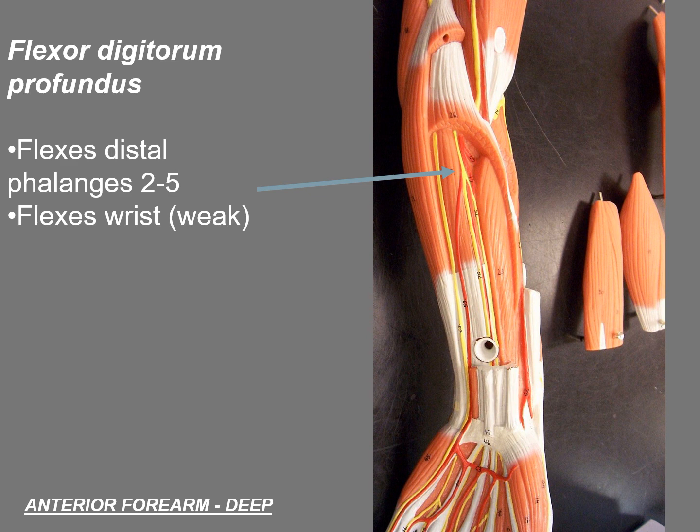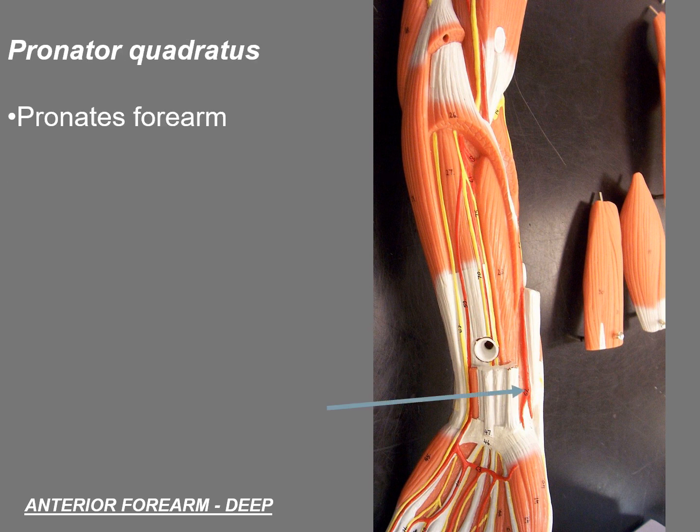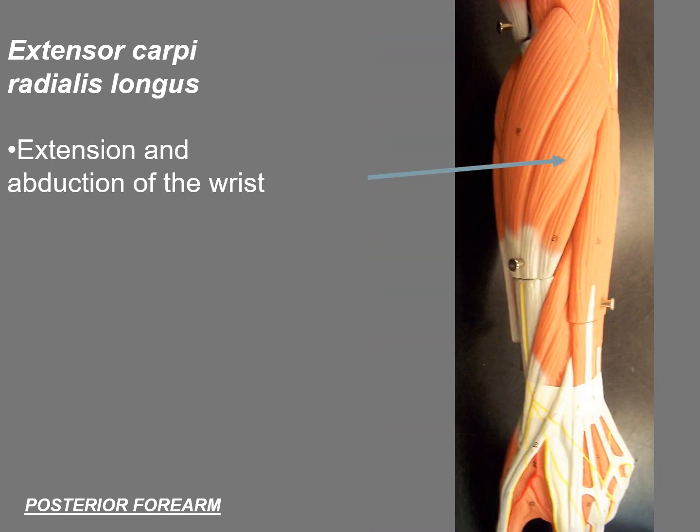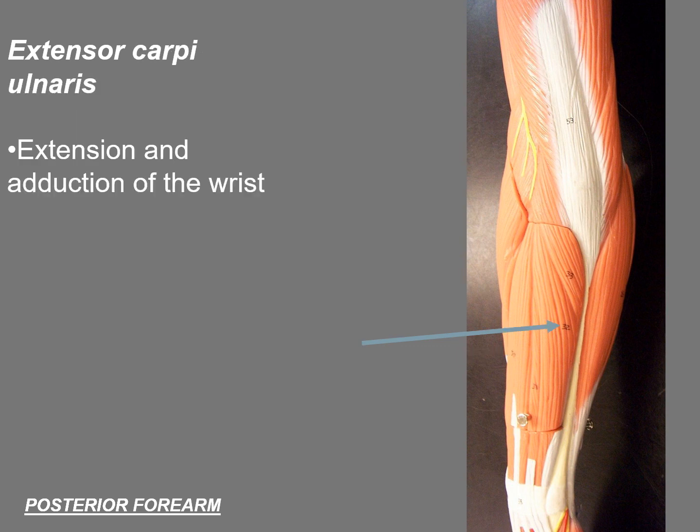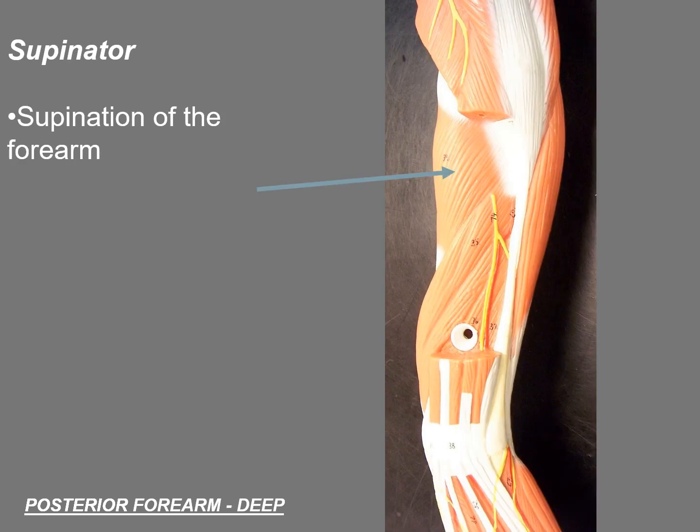Flexor digitorum profundus. It's a deeper muscle. Pronator quadratus. Extensor carpi radialis longus. Yes, I know some of these names are long. Extensor carpi radialis brevis. The extensor digitorum. Extensor carpi ulnaris. The supinator.